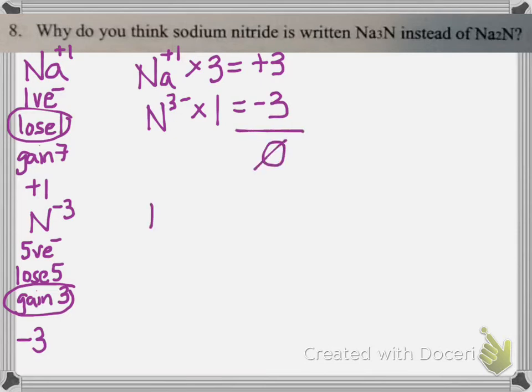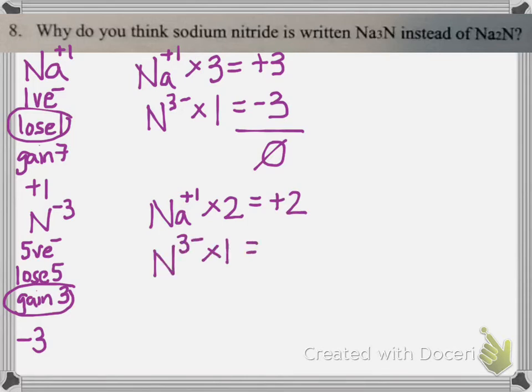If my formula was Na plus 1 times 2, I would have a charge of +2. N, -3 times 1 gives me a charge of -3. Notice I would have a charge of -1 here. So this is not a neutral compound.